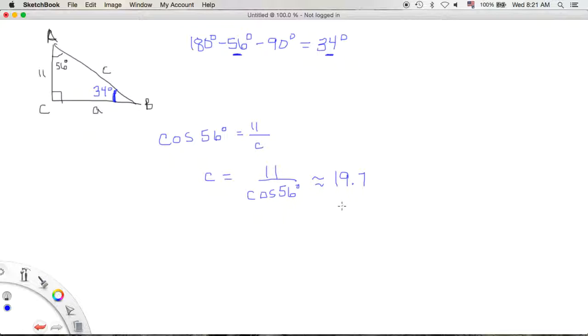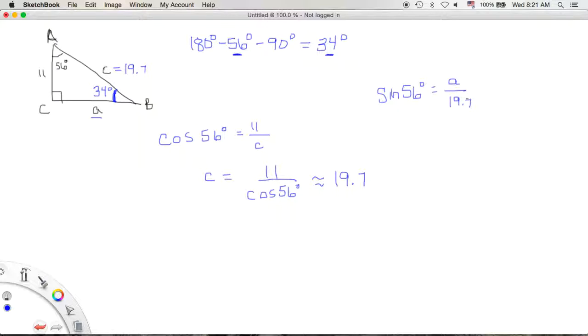Now, once we have that this hypotenuse is 19.7, you can find this other leg either using a trig ratio or using the Pythagorean theorem. If you wanted to use the Pythagorean theorem, you would say a squared plus 11 squared equals 19.7 squared and solve for that. Or we can use trig ratios and say the sine of 56 is opposite over hypotenuse.